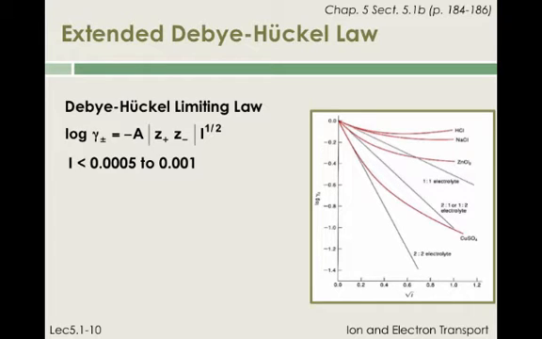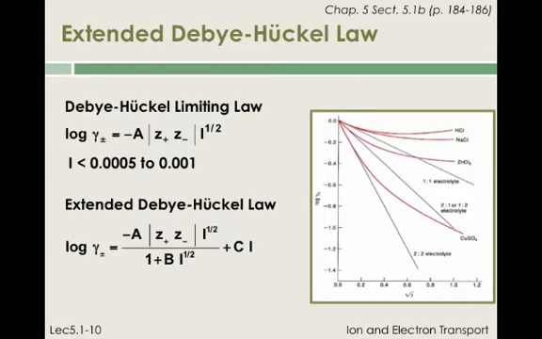A number of theories have been proposed for extending the Debye-Huckel limiting law to higher ionic strength. In this equation, A, B, and C are constants that can be found in tables in the chemical literature. Such an extended Debye-Huckel law can be used for solutions of ionic strength as high as 0.1.